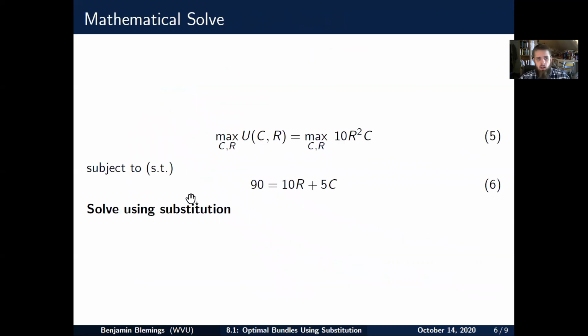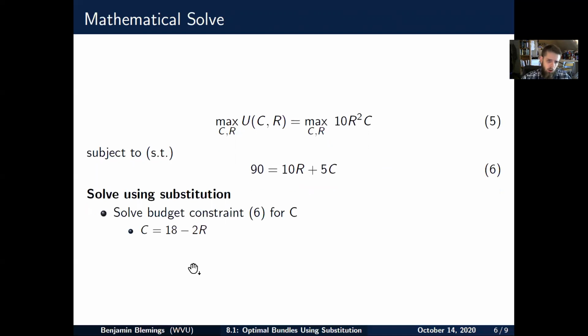And so here's the setup of the problem as you saw earlier. We're going to maximize her utility as a function of chicken and ribs. We're going to choose chicken and ribs, and this is the actual utility function here, subject to her budget constraint, which is just her income of 90 equals $10 for each rib she buys and $5 for each chicken she buys. And so we're going to solve this using substitution and calculus.